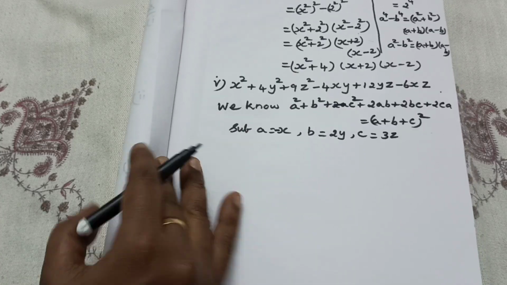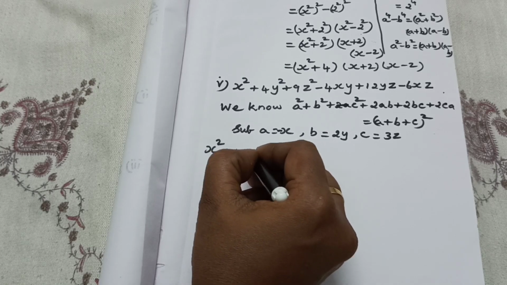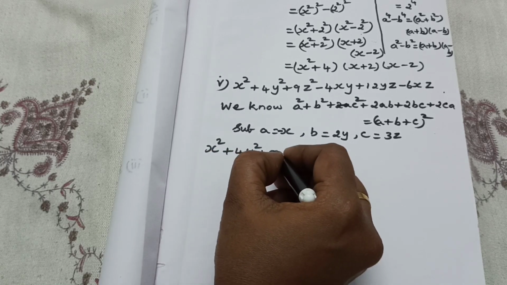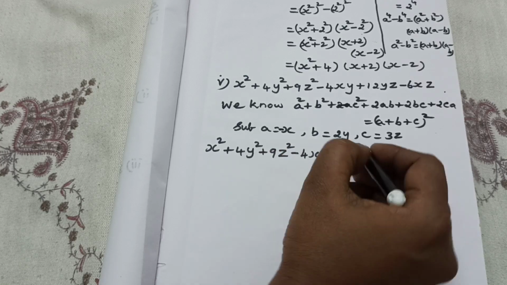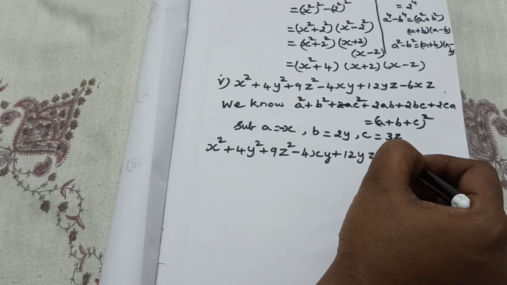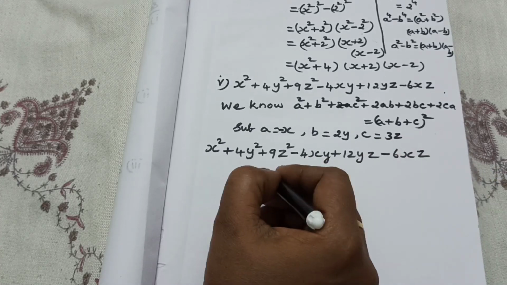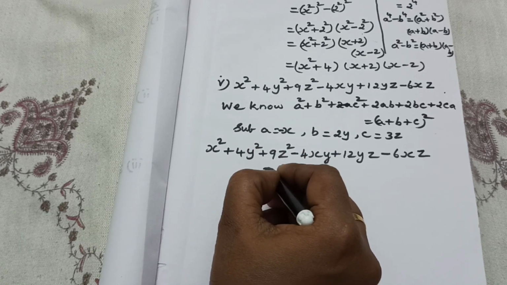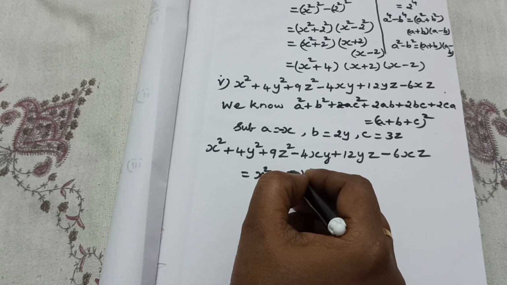Then you write the question: x square plus 4y square plus 9z square minus 4xy plus 12yz minus 6xz is equal to, this one we can write as what, x square plus 2y the whole square we can write.